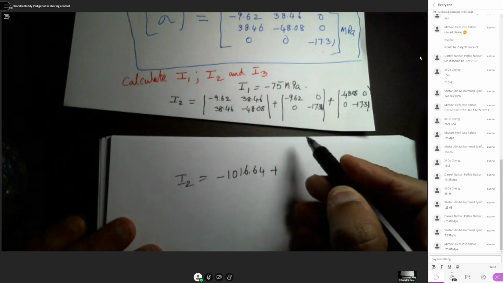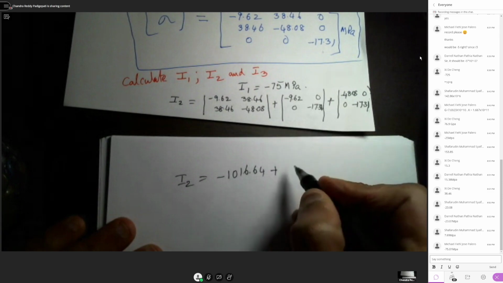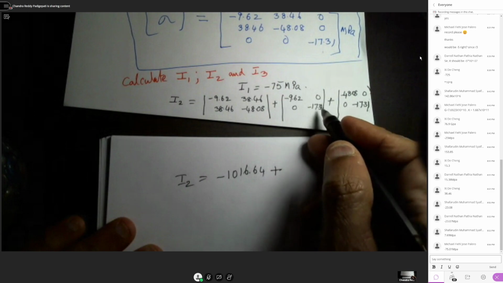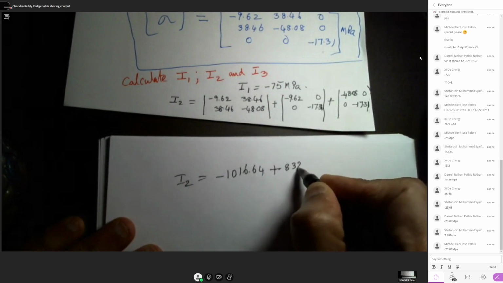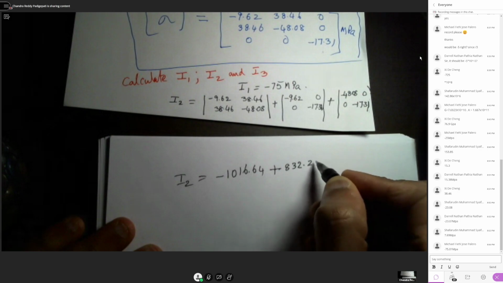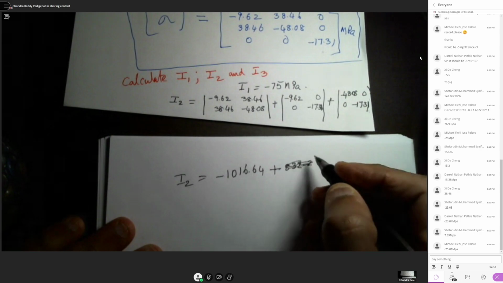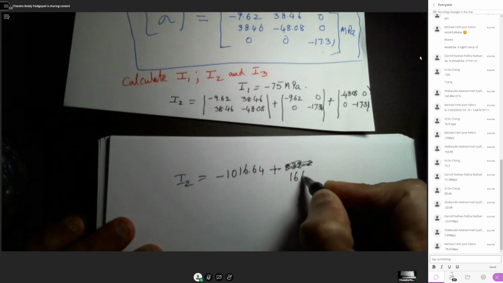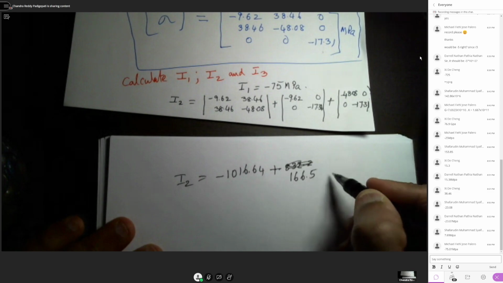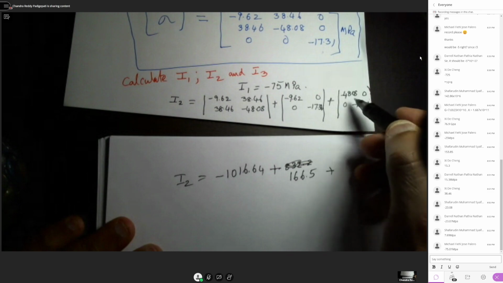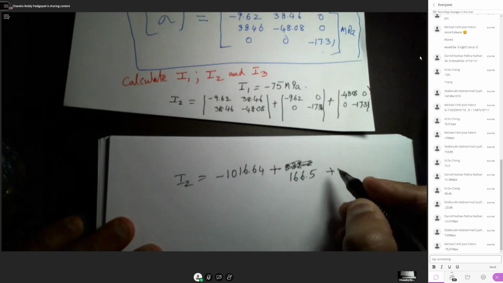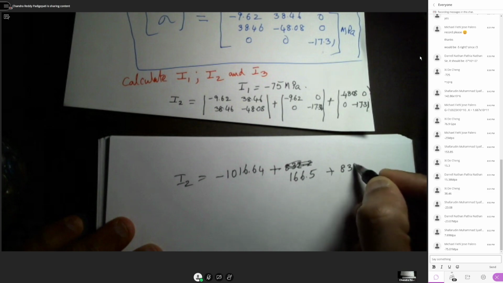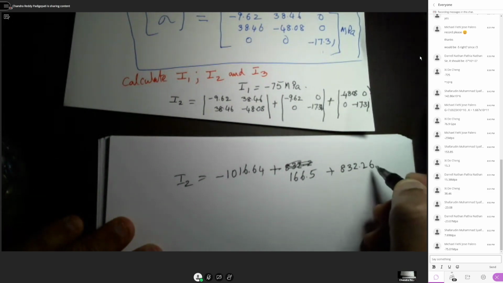The second one, so this positive 9.62 times 17.31, so you will get 166.5. Then this value 48.08 into 17.31, so you will get 832.26.